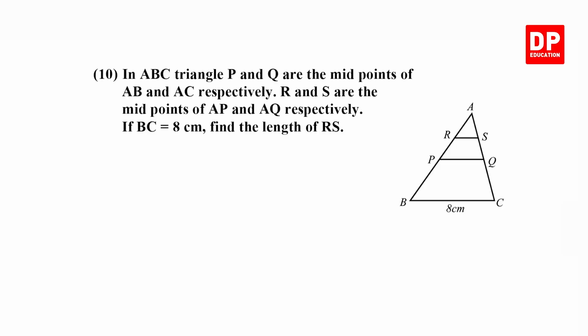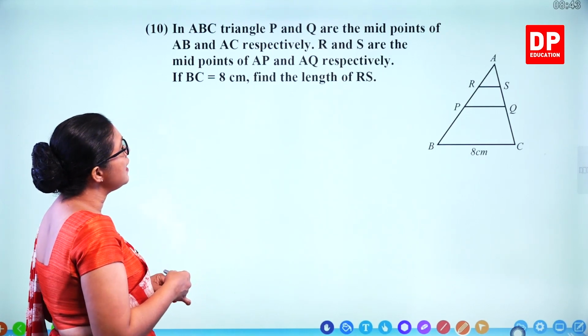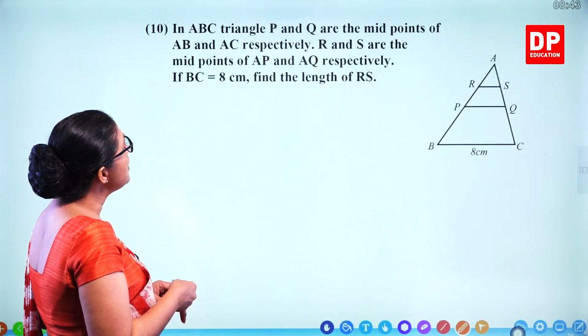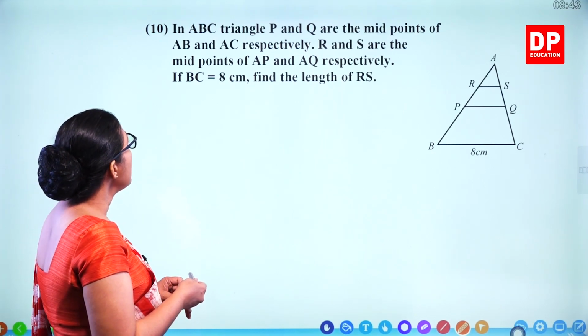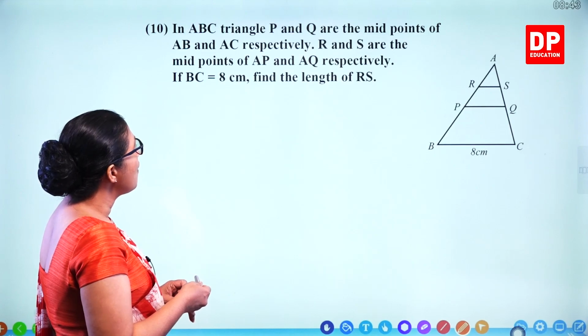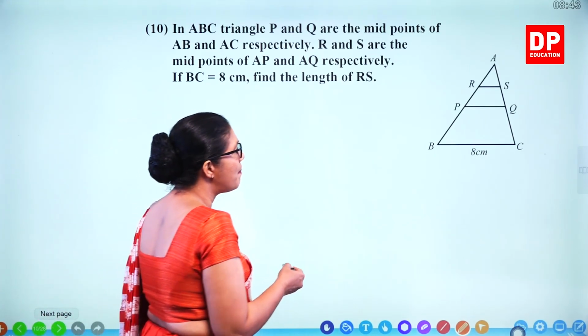Question number 10. In triangle ABC, P and Q are the midpoints of AB and AC respectively. R and S are the midpoints of AP and AQ respectively. If BC is 8, find the length of RS. So you can use the midpoint theorem.